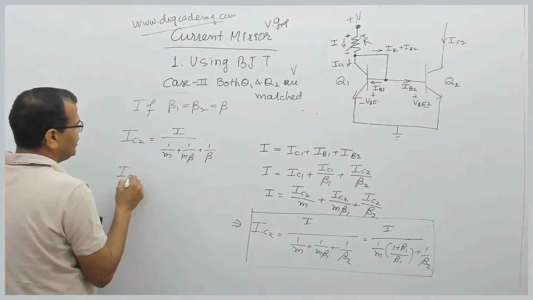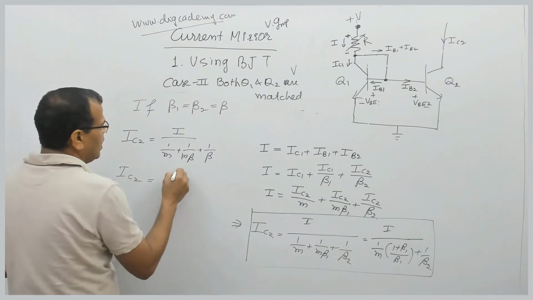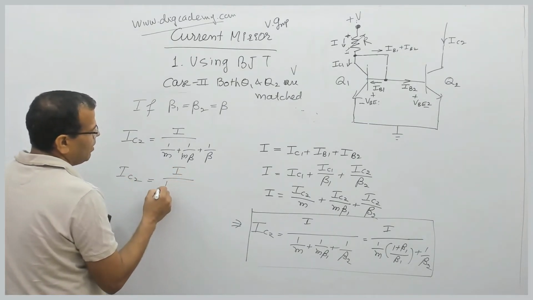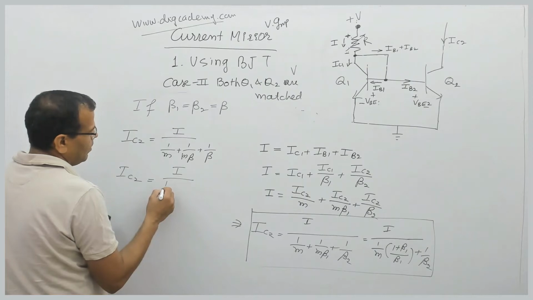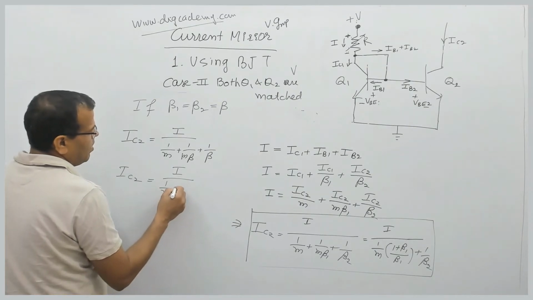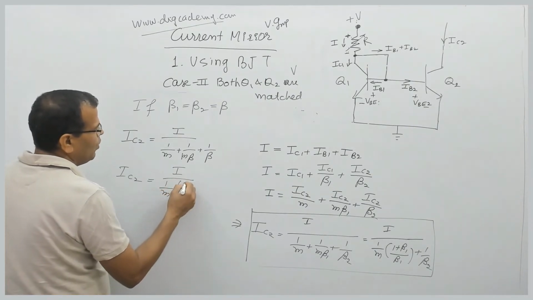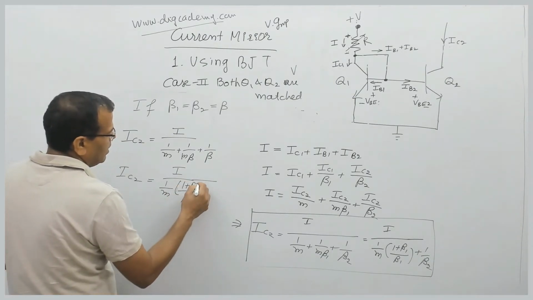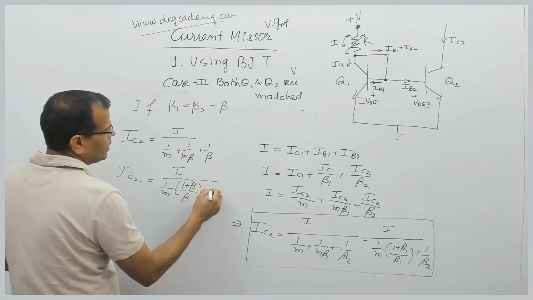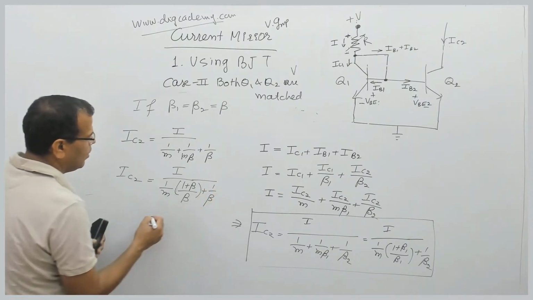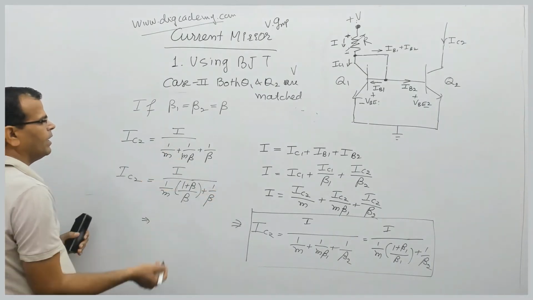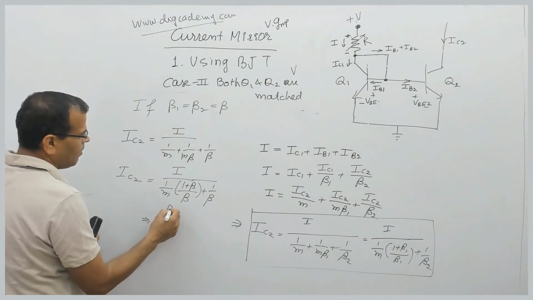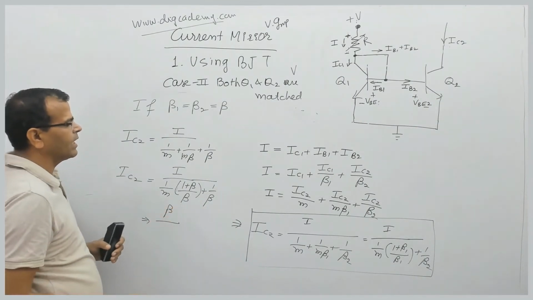So IC2 will be equal to I upon 1 by m into 1 plus beta upon beta plus 1 by beta. Or you can take it like this, beta can be taken in the numerator. So beta by, what will be in the denominator in that case?